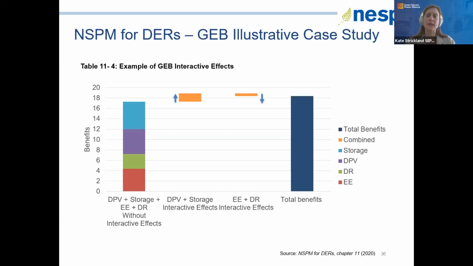Here you can see with distributed PV and storage that the storage is improving the PV benefits through the ability to utilize that excess generation during low electricity cost or demand periods, and then discharge during high electricity cost or demand periods. Conversely, in this particular case, we're showing that energy efficiency measures are somewhat reducing some of the demand flexibility capacity available to respond to events within the GEB.